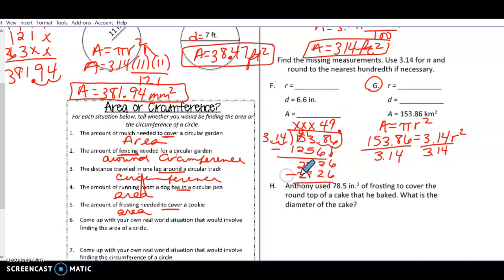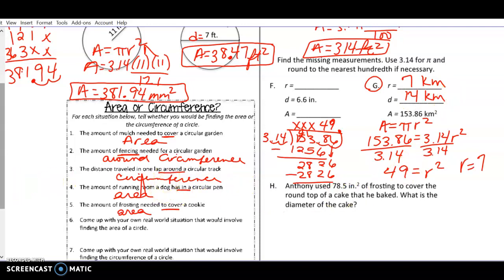So we have now that 49 is equal to something times itself. So we need to think backwards. What times itself is 49? Well, 7. So our radius is 7, and our diameter is going to be 14, because remember we talked about at the front, diameter is 2 times the radius.